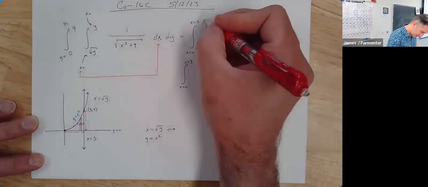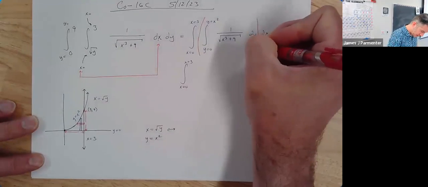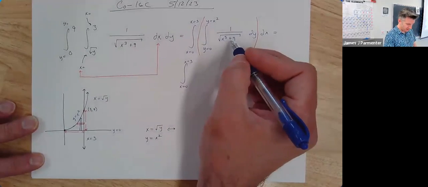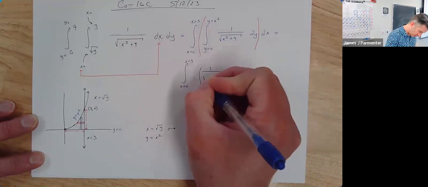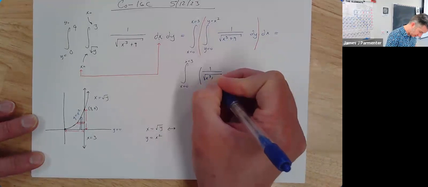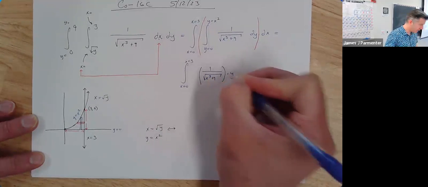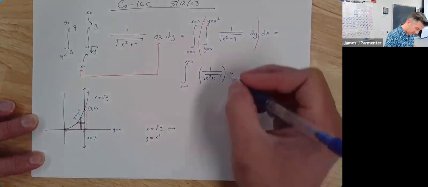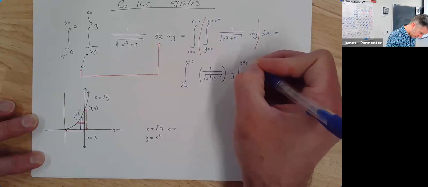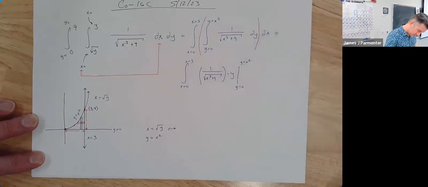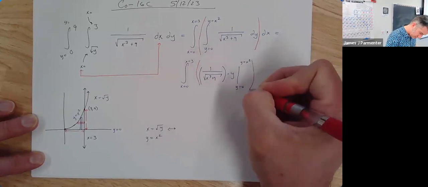And then let's use some parentheses here. The antiderivative of 1 over the square root of x cubed plus 9 with respect to y is going to be 1 over the square root of x cubed plus 9 times y, from y equals 0 to y equals x squared, still with a dx.